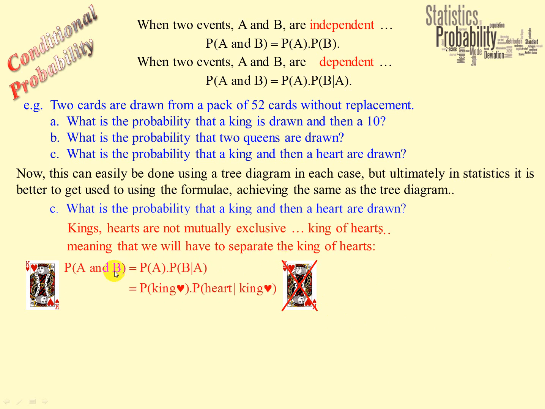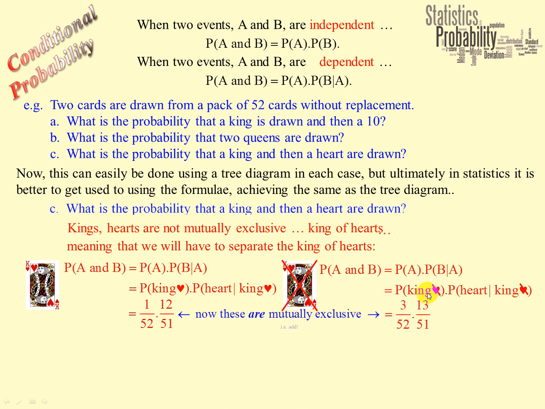So probability of A and B is probability of king of hearts times probability of heart given that we've chosen the king of hearts. So it's 1 over 52, because there's only 1 king of hearts in the 52 cards. There are only 12 hearts left because I've chosen the king of hearts, and there are 51 cards left. Now here, we're not choosing the king of hearts. So probability of a king but not hearts times probability of a heart given king but not hearts.